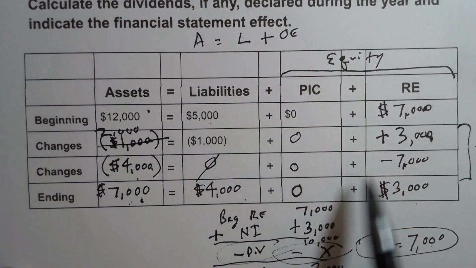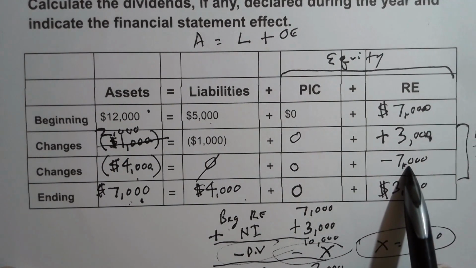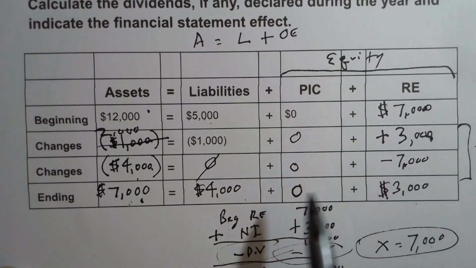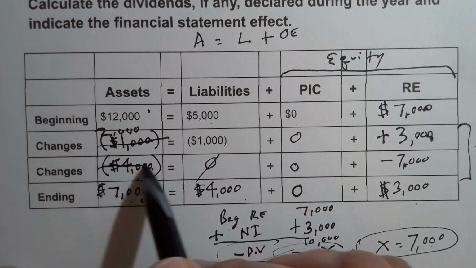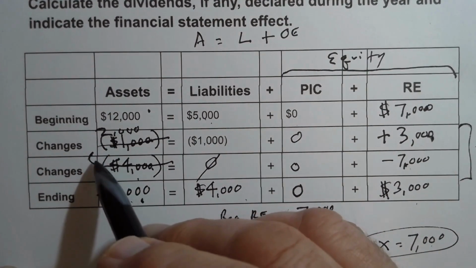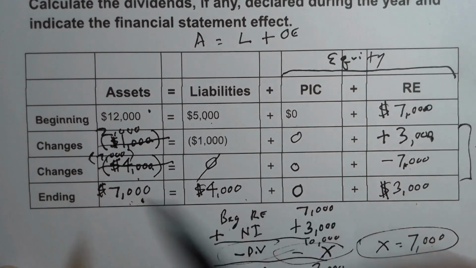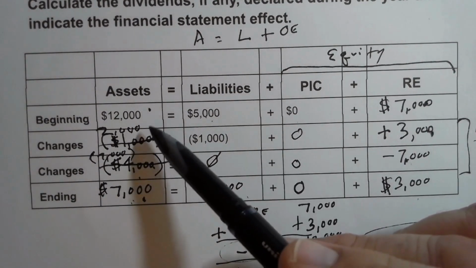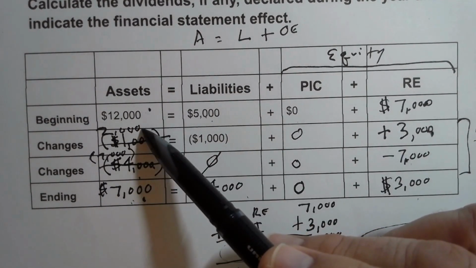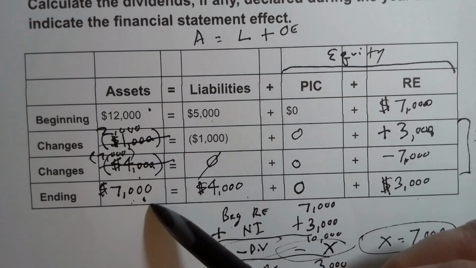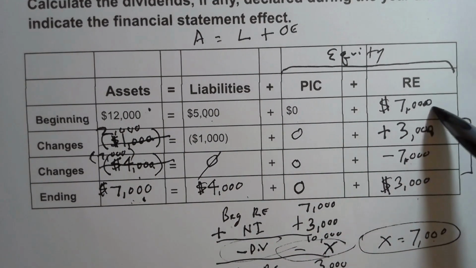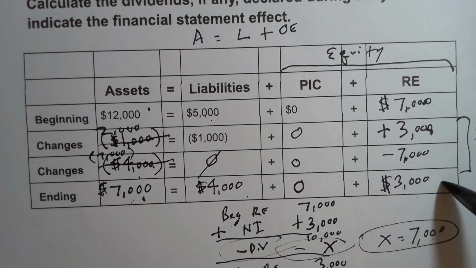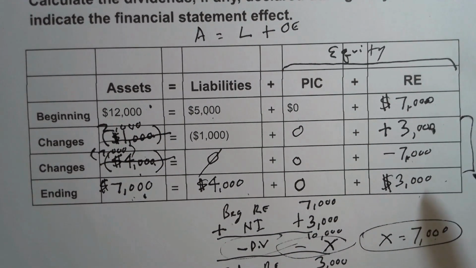And then we're reducing by 7,000 here. So this should be a reduction of 7,000. So you would see that it goes from 12,000, you're adding 2,000, it's 14,000, minus 7,000 would be 7,000 here. And this is the 7,000 plus 3,000 minus 7,000 gets us back to the 3,000 here.